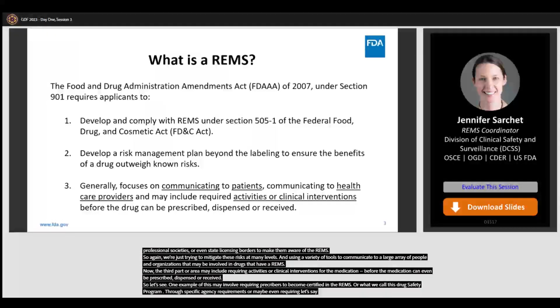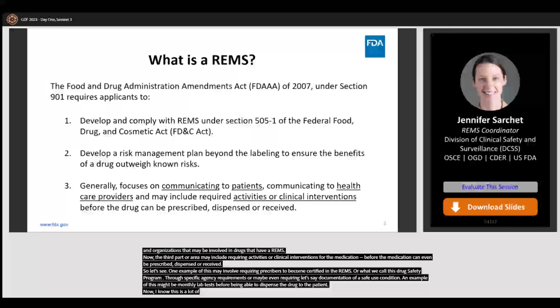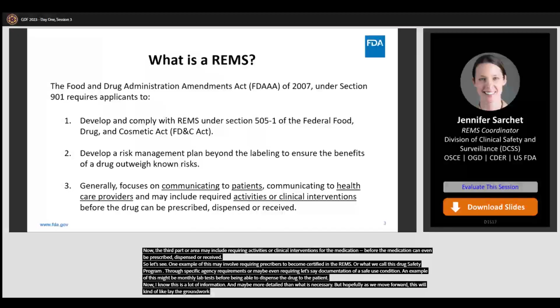An example of this may be a monthly lab test before being able to dispense the drug to the patient. I know this is a lot of information and maybe more details than what is necessary, but hopefully as we move forward, this will lay the groundwork of how REMS works and the intent behind REMS when it comes to drug safety.